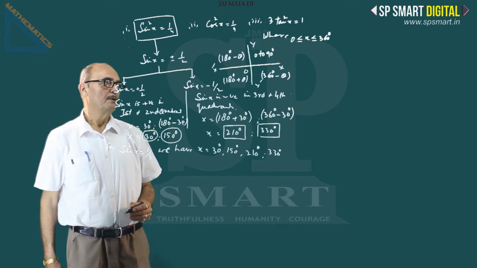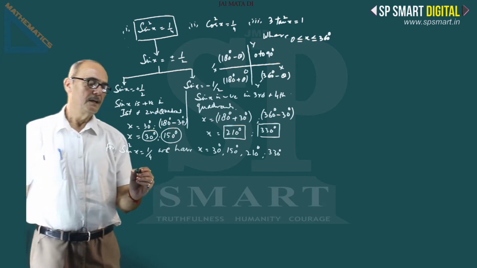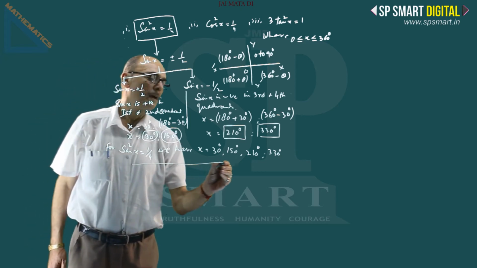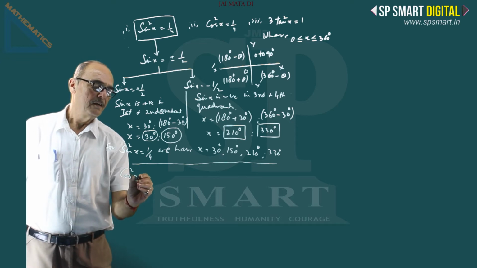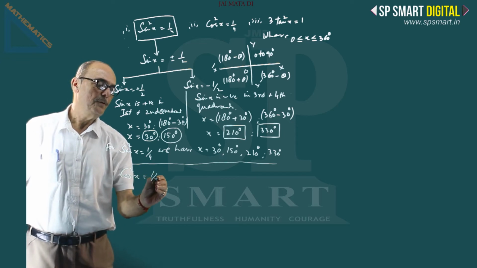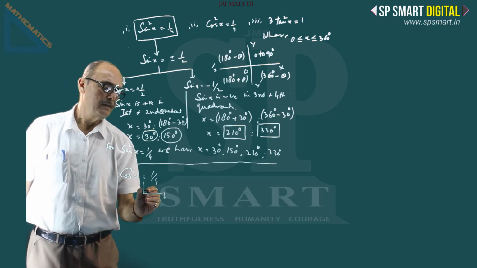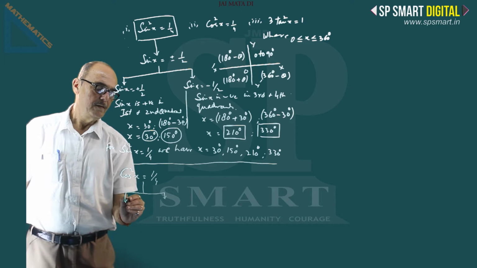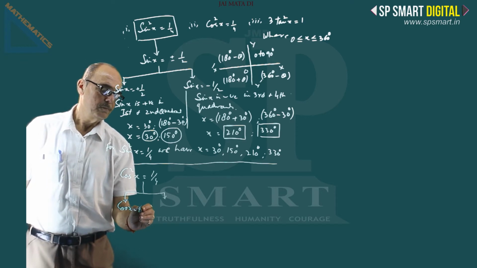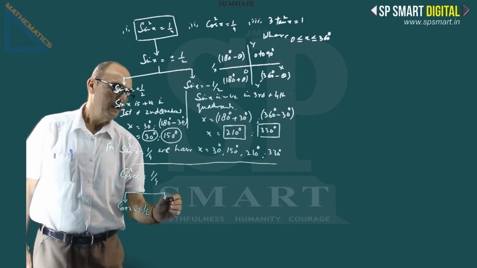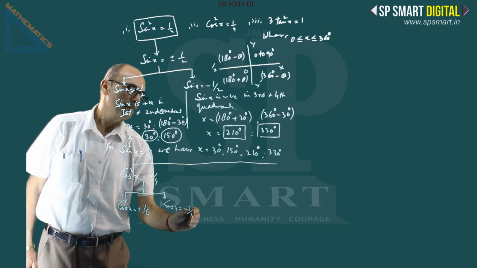If we continue with the other 2 examples, see cos square x equal to 1 by 4. So, from here we have cos x equal to plus 1 by 2 and cos of x equal to minus 1 by 2.